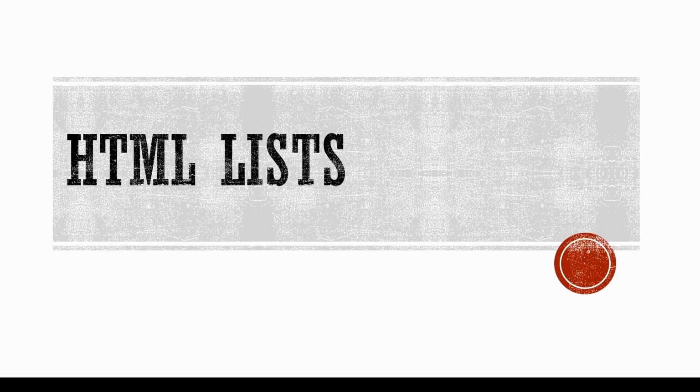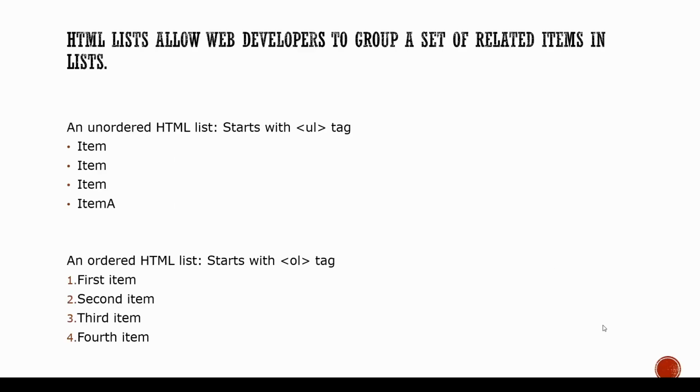In this section, we are going to learn about HTML list. HTML list allow web developers to group a set of related items in a list. It can be mainly of two types, an unordered list and an ordered list. An unordered list starts with the UL tag.